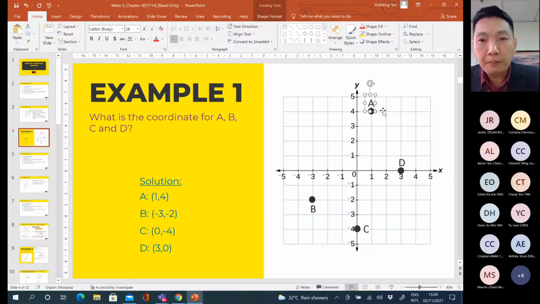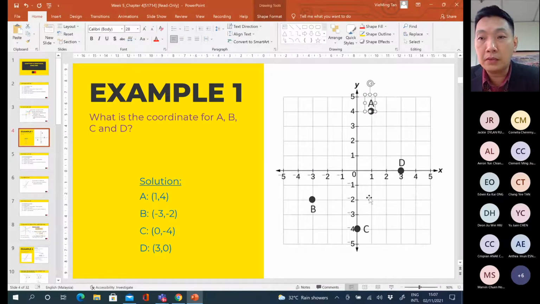Point B is the same, (-3, -2). That means both the x and y values are negative numbers. So x is -3, so we go to this point, and then y is -2, which is here. Go to the intersection point between these two, and you get this point, which is point B (-3, -2).